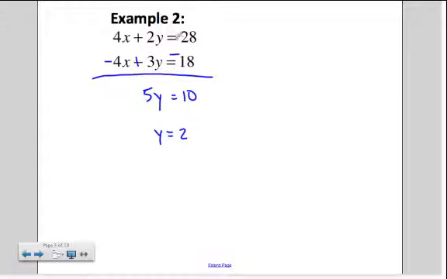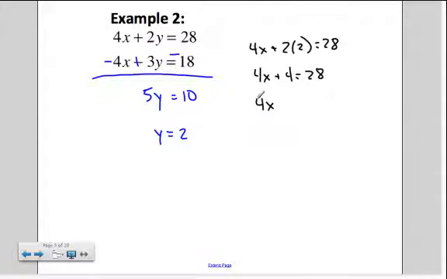I'm going to use the first one since I didn't change it. So I've got 4x plus 2 times 2 equals 28. So 4x plus 4 equals 28. So 4x equals 24, so x equals 6. Subtract 4, you get 24. Divide by 4, you get 6. So my ordered pair is (6, 2).